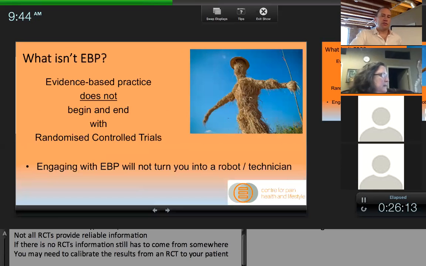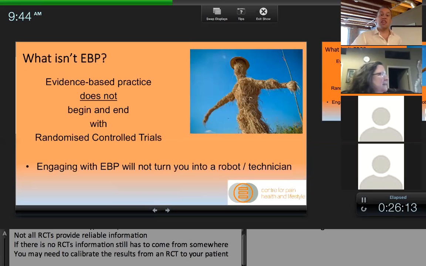Also, there's sometimes pushback with this idea that EBP will turn you into a sort of robot or just a technician. Okay, and that's not the case. It will make your job harder. Okay, if you want to do it, because there is a whole new set of skills that you need to learn beyond what you do with patients in order to engage with research and use it properly.